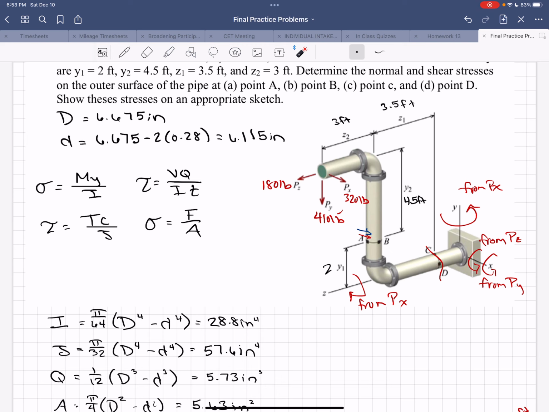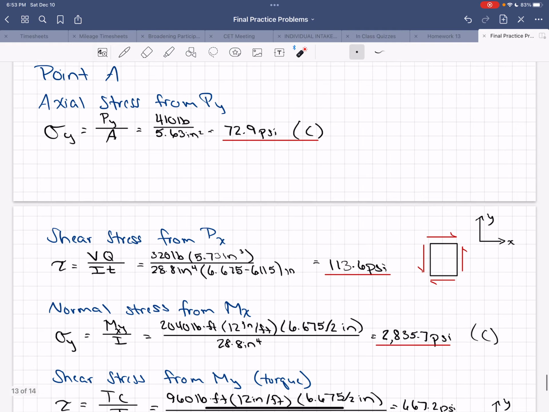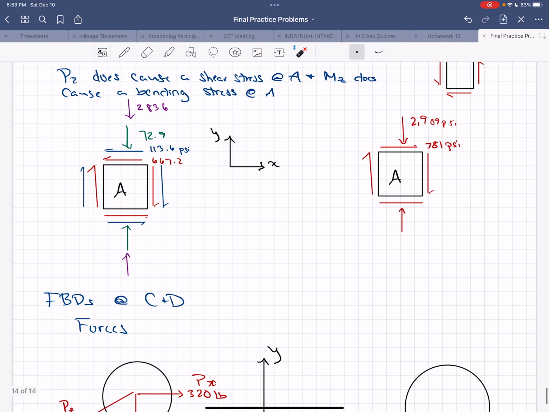And then when we're looking at the moment around Z, that's also going to be a distance of 6.5 feet. And when we're looking at the moment around Y, that'll also be a distance of 6.5 feet from these Z dimensions. Okay, so calculating all of our moments.